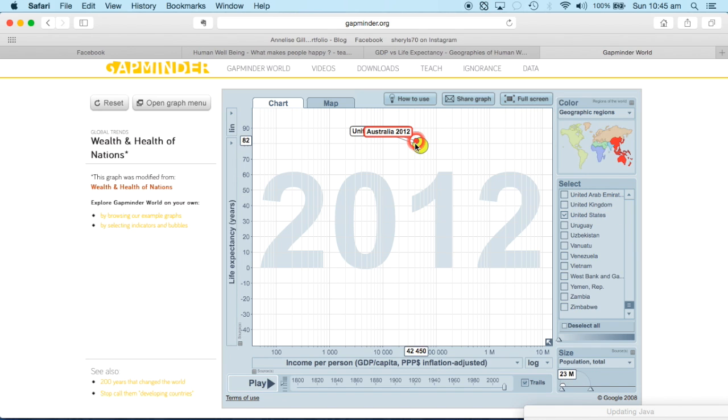So I'm looking at the life expectancy there at the moment. So Australia's life expectancy is 82, United States is 79. If we look at the income, we hover over the red. Australia's income is 42,000 and America's is slightly higher with 50,000.